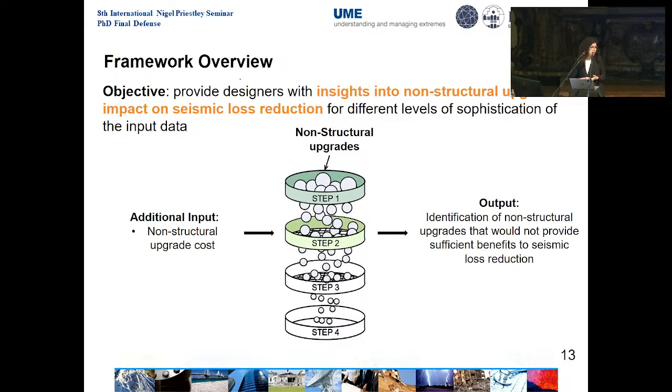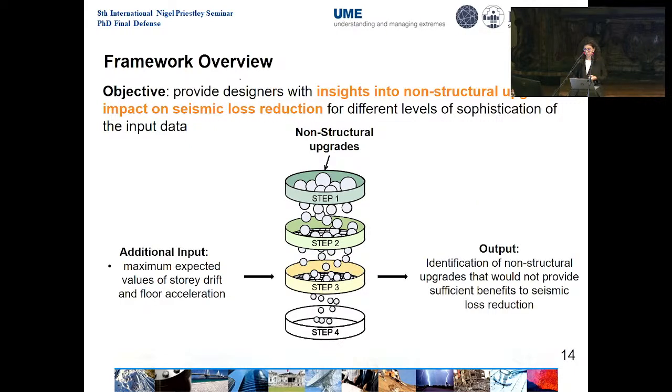Then also the upgrade cost, depending on which non-structural elements you are considering. If they change, you may want to change the upgrade cost as well. And the structural response is something that will be done by users of the framework. So it is applicable also to other building typologies as it is, and it doesn't need any tweak.